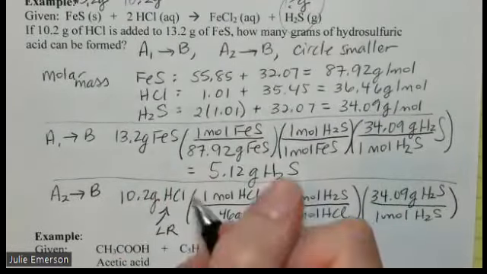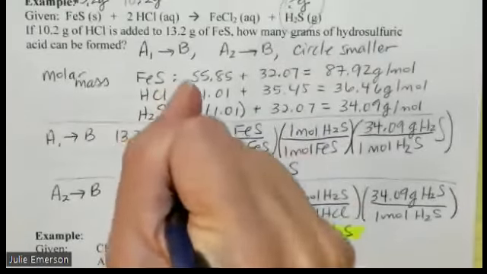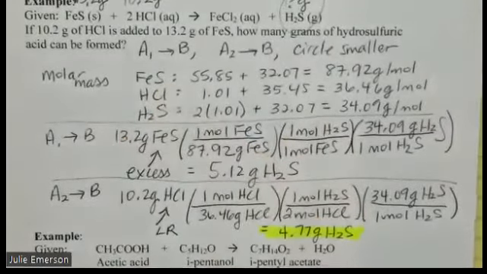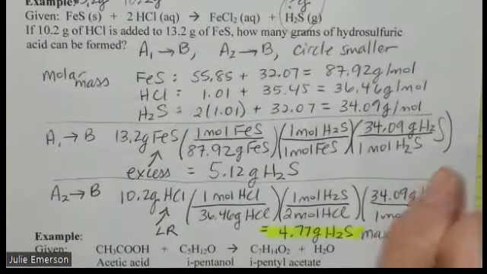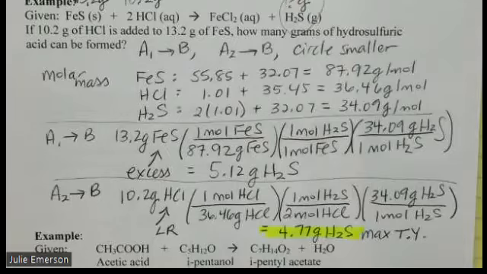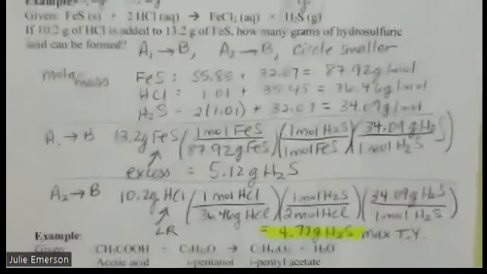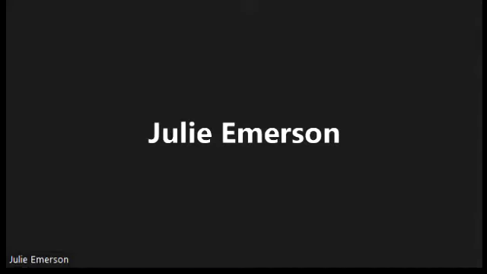It also tells me that I'm going to have some FeS present in excess, some of it left over at the end. And that smaller number, 4.77, is my max theoretical yield, TY. In theory, if everything's perfect, this is what we should get, the 4.77 grams. But if we went into lab and actually did it, we probably wouldn't get that, because that's just how it is.